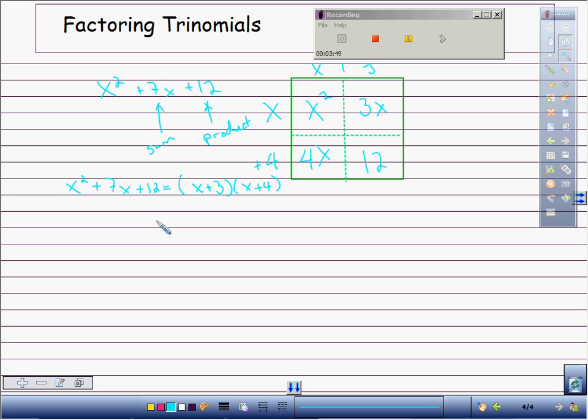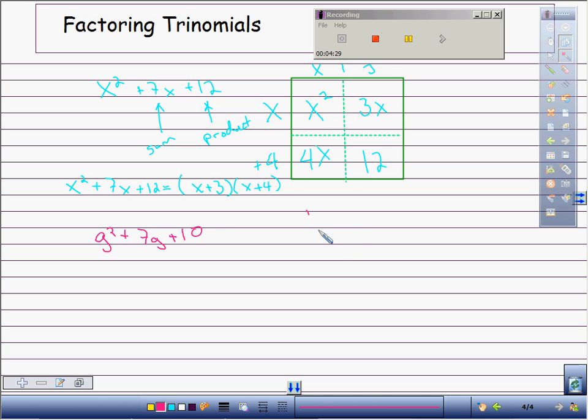There's lots of them. g squared plus 7g plus 10. They like to use different letters because they like to confuse you. Now you could use the rectangle method.